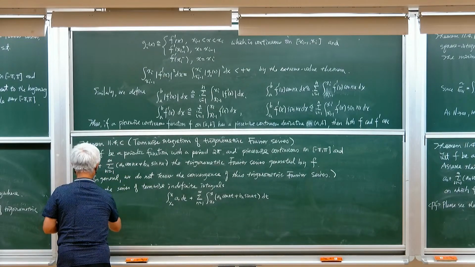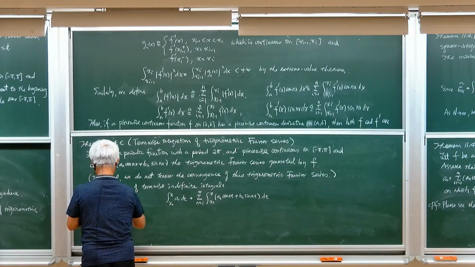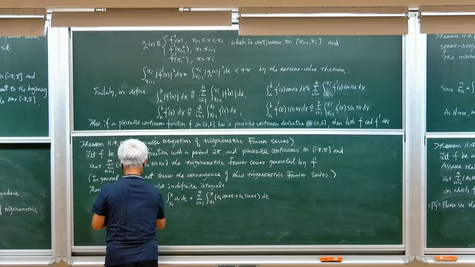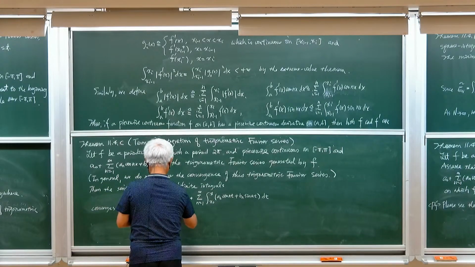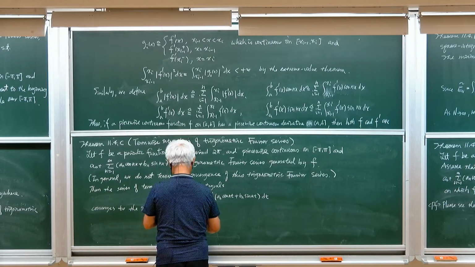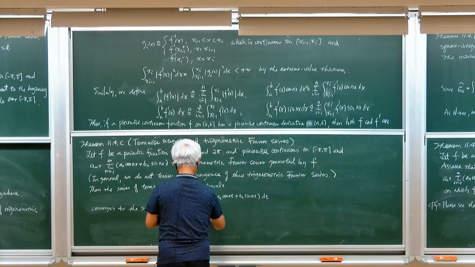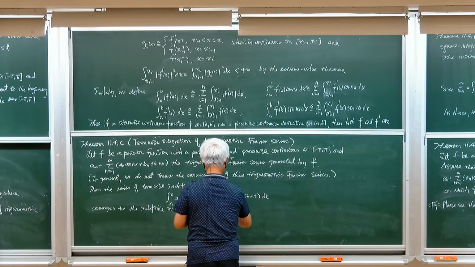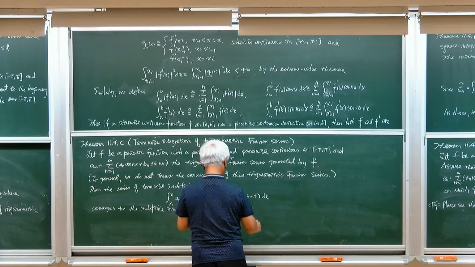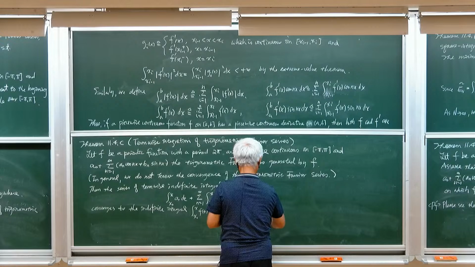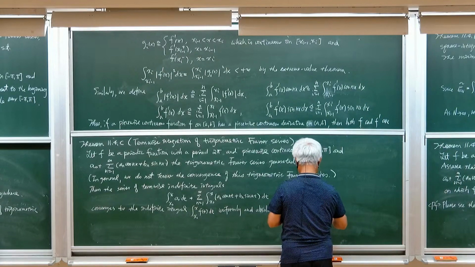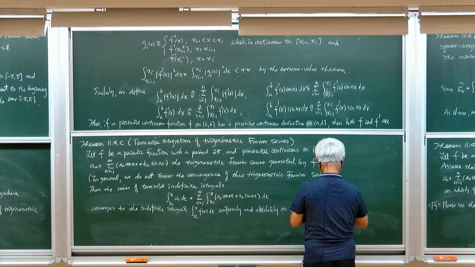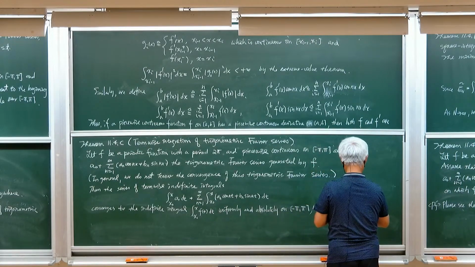Okay, so this series of pointwise indefinite integrals converges to the indefinite integral of f(t) dt from x0 to x, uniformly and absolutely on minus pi to pi, where x0 is any point in minus pi to pi.